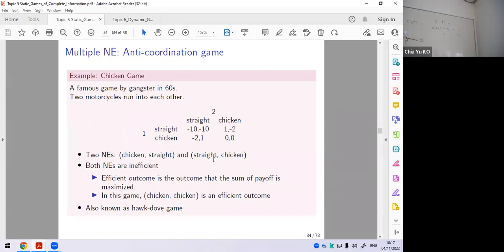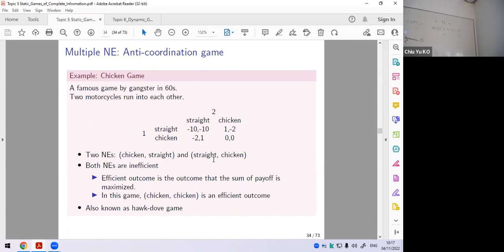Actually, this is a more interesting game that they look at in evolutionary game theory. There are two outcomes there, but over time this depends on how many people choose this.